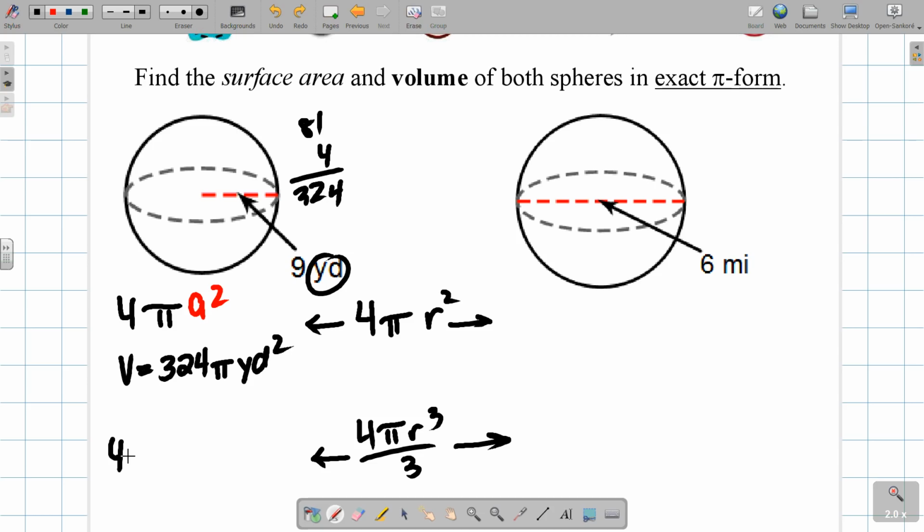Volume: this one I'm going to have 4 pi 9 times 9 times 9 divided by 3. So I can see here I basically have 12 times 81.